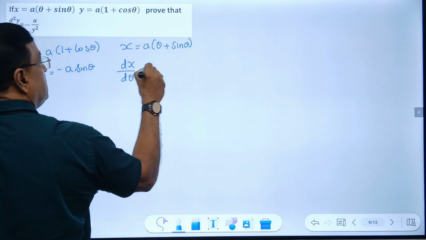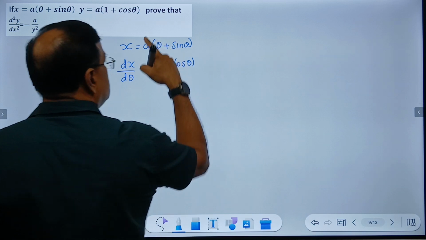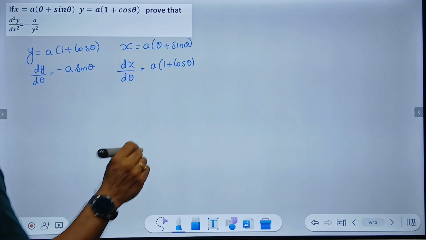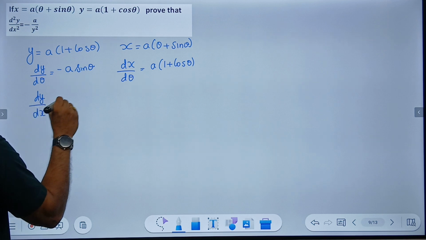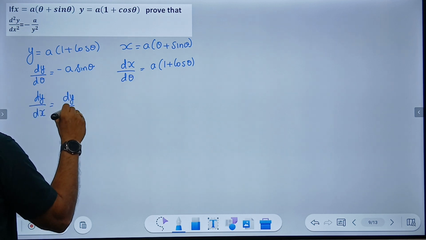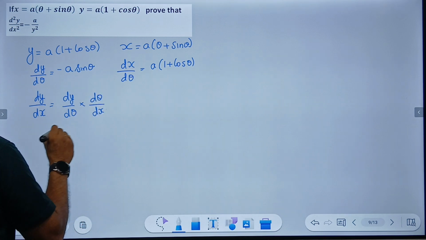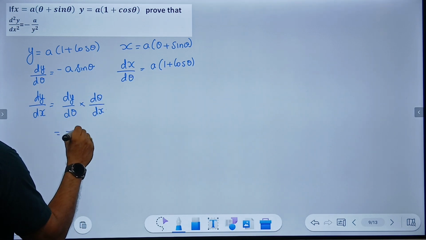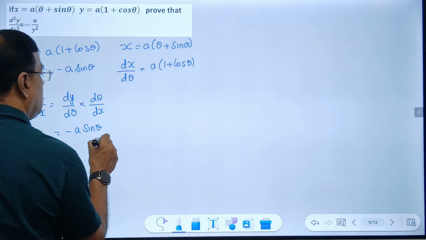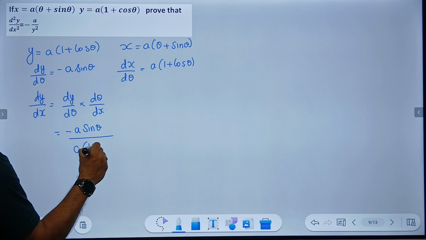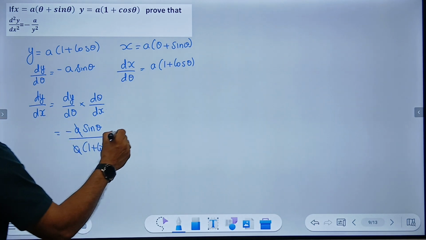Dx by d theta will be a into 1 plus cos theta. Differentiation of theta is 1, sine theta is cos theta. Now what is dy by dx? Dy by dx will be dy by d theta into d theta by dx. Now what is dy by d theta? Minus a sine theta, and d theta by dx will be 1 by a into 1 plus cos theta. So they get cancelled.